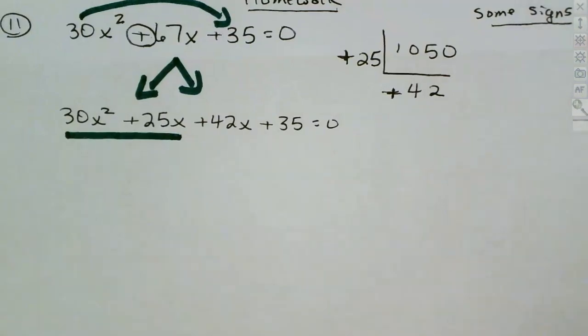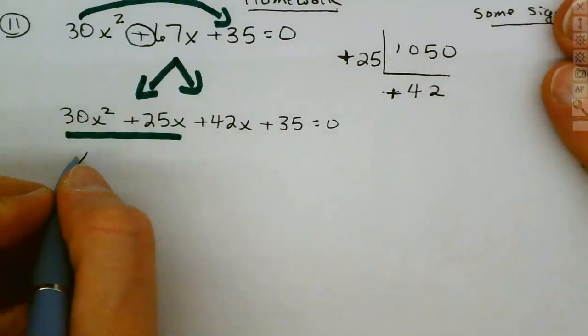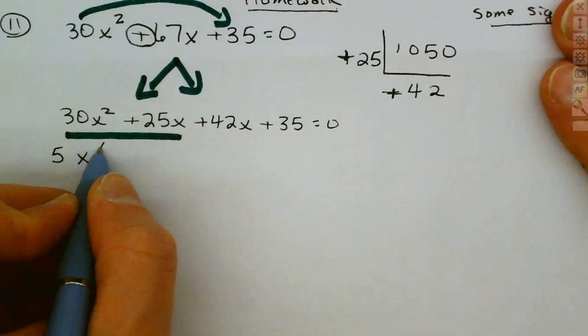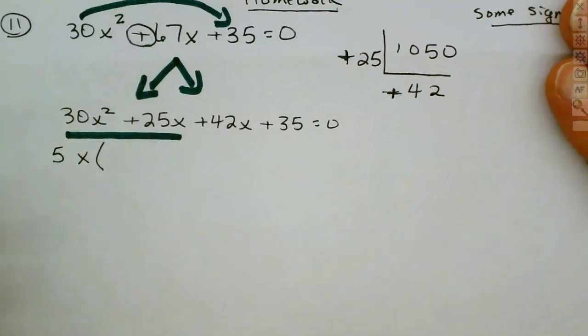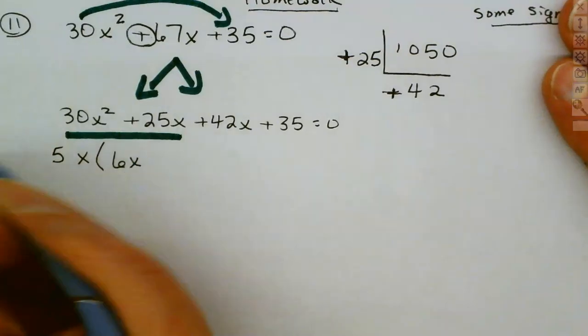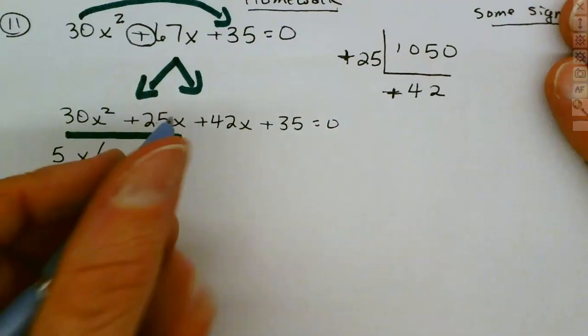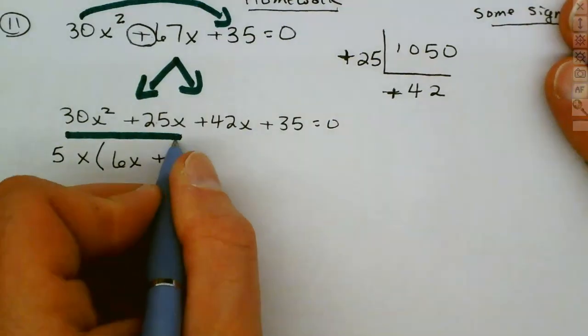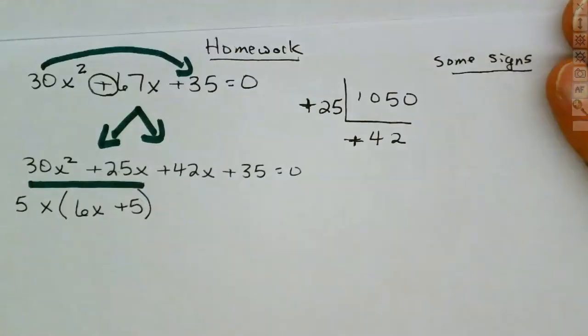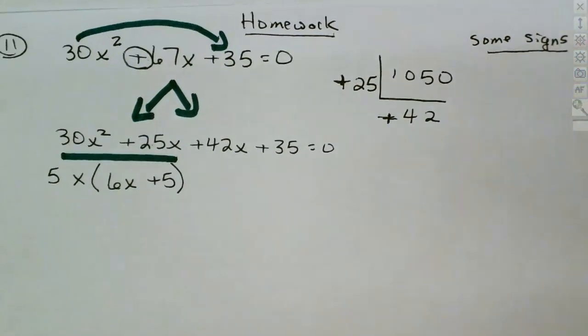So what can we factor out of the first two? Can someone tell me? Yep, x and what else? Yep, 5x can come out. If I factor out a 5x, then I've got 30 divided by 5, that makes it a 6x there. And 25 divided by 5 makes it a 5, and the x is gone. What about the next two pieces?